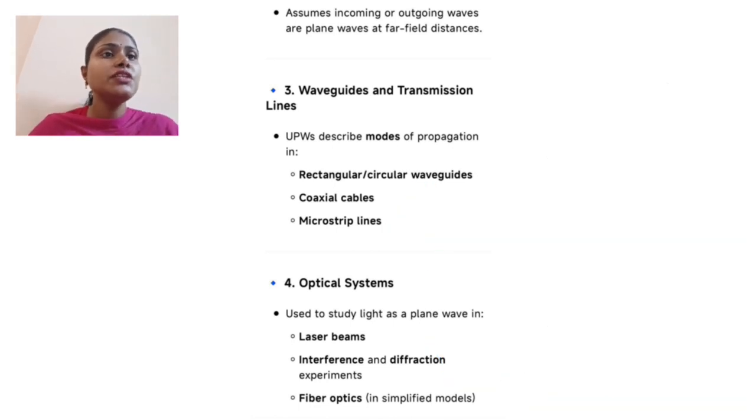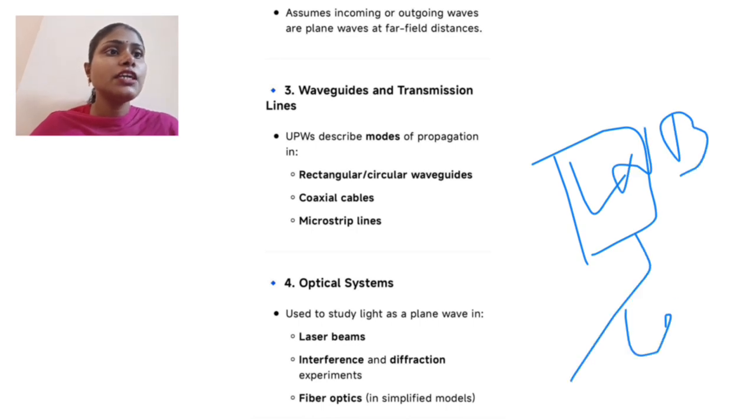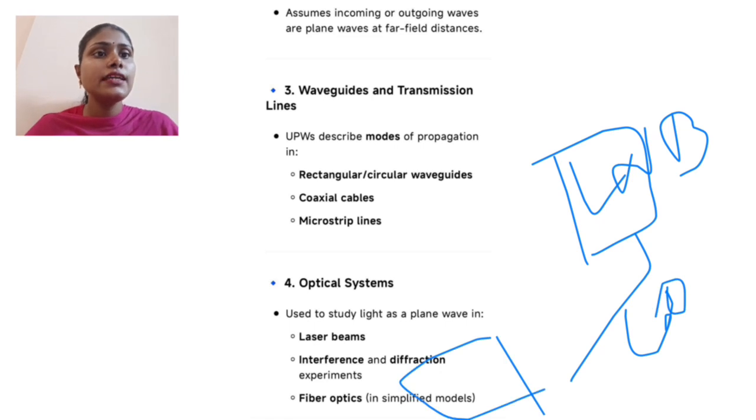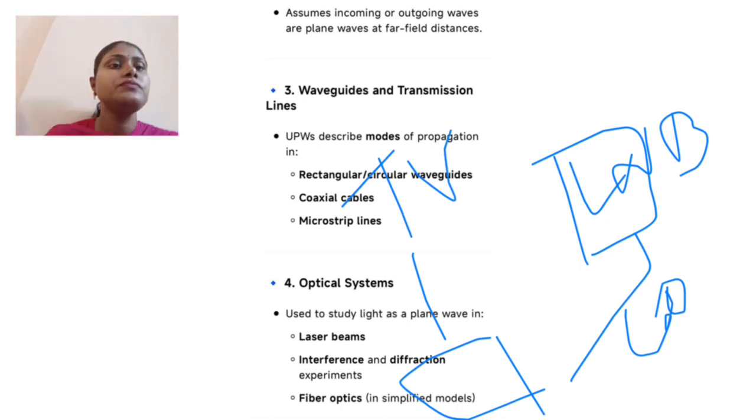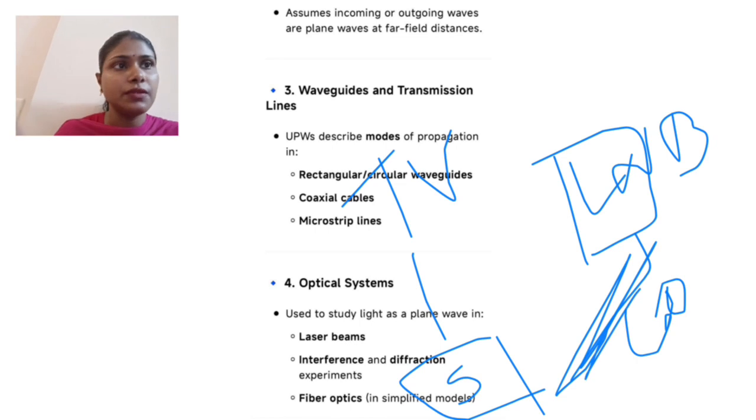So the LNB, then the coaxial cable, then the set-top box, and this is connected to the TV. That connecting wire is called the coaxial cable.